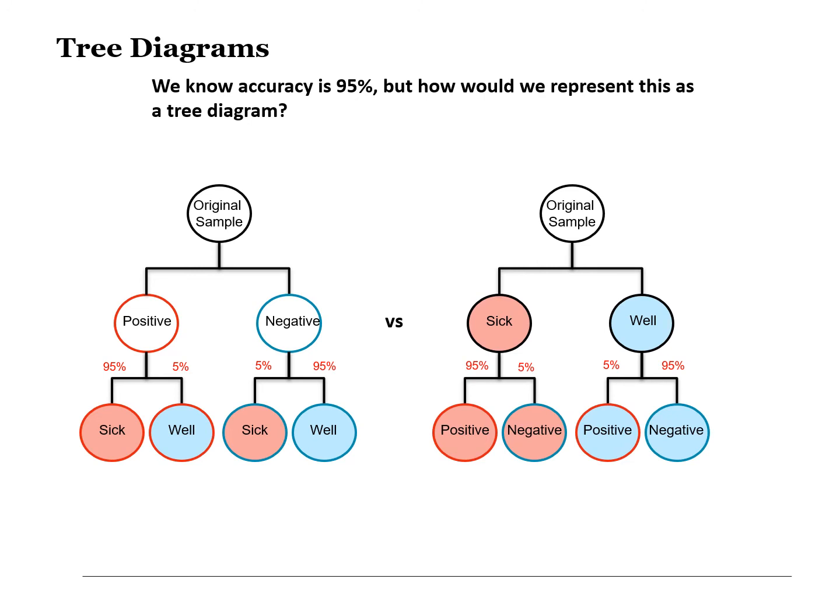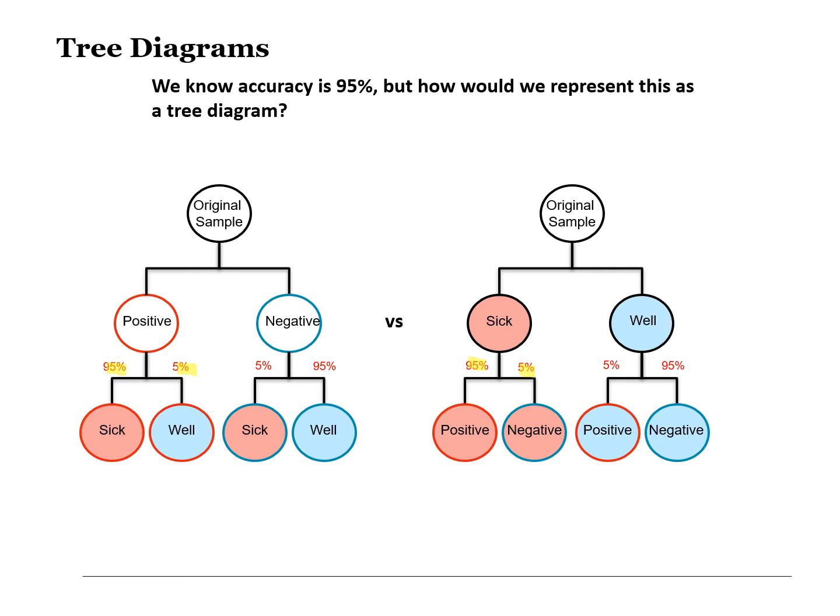Now, which one allows for us to describe accuracy? You'll see down the bottom, we've got 95% and 5%, and then the same on the other one. Which one makes sense? Now pause the video, have a think about it.